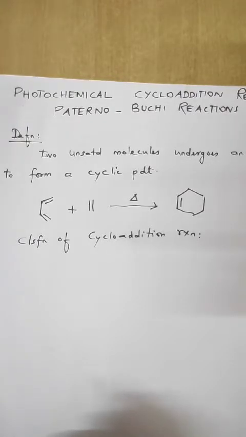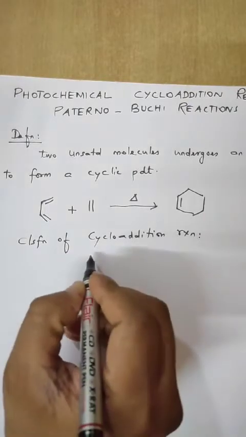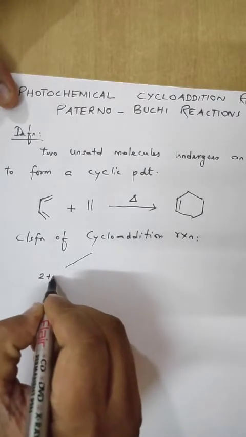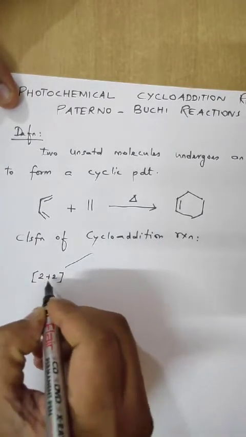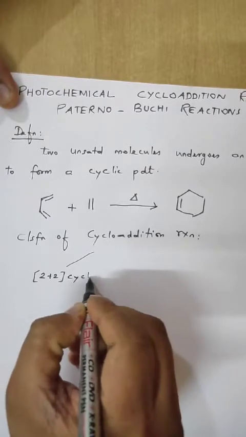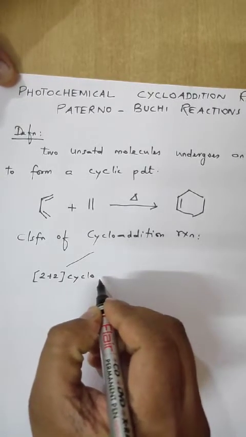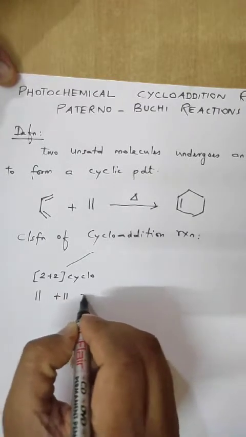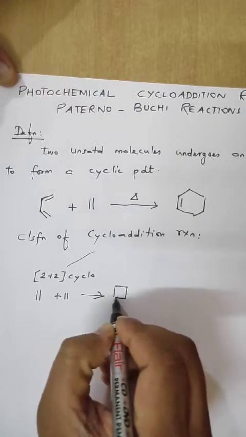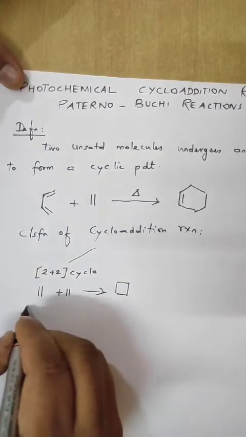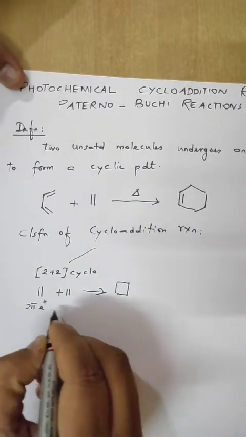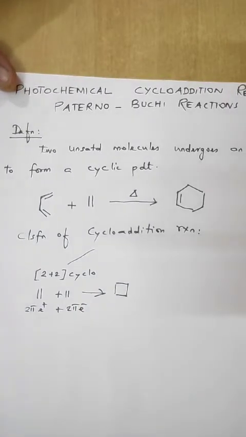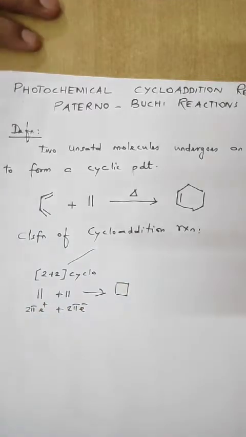For example, it is classified into 2+2 cycloaddition: an alkene with another alkene to form a cyclobutane system. This is 2 pi electrons, this is also 2 pi electrons. This is the 2+2 cycloaddition reaction.